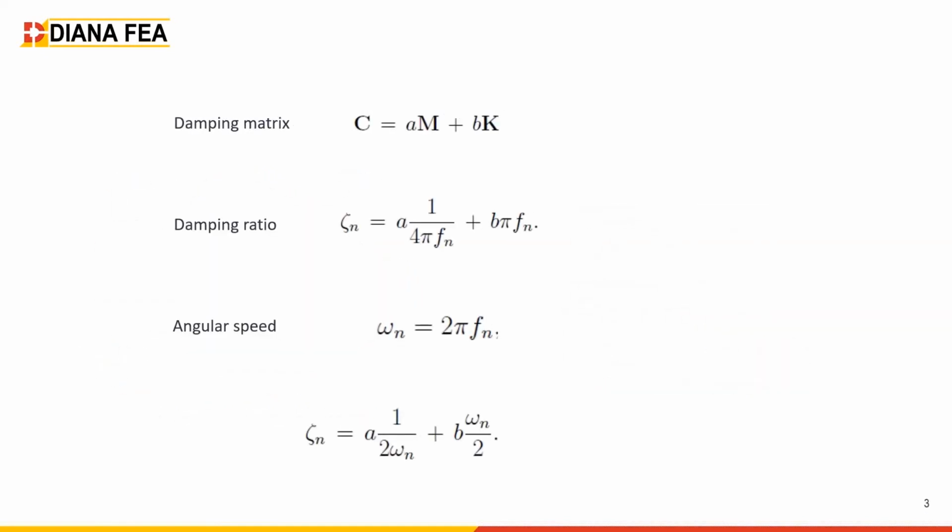Let's say a few words about the Rayleigh damping. So when you perform a transient analysis of structural models using Rayleigh damping, the damping matrix, matrix C, is calculated as a linear combination of the mass matrix M and the stiffness matrix K, where A and B, the two parameters here, are the Rayleigh damping parameters related to the mass matrix and the stiffness matrix, respectively.